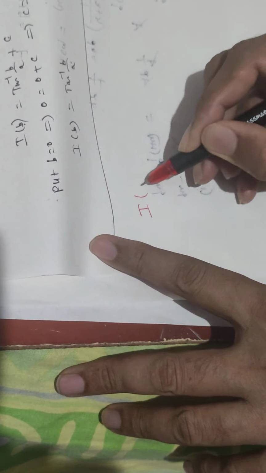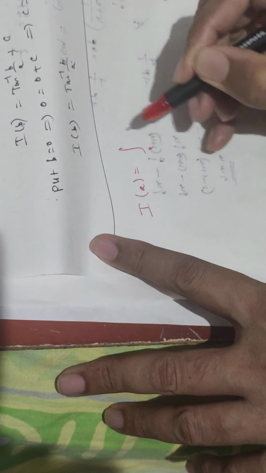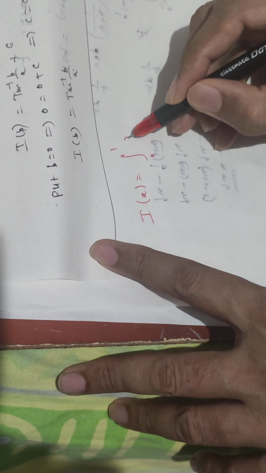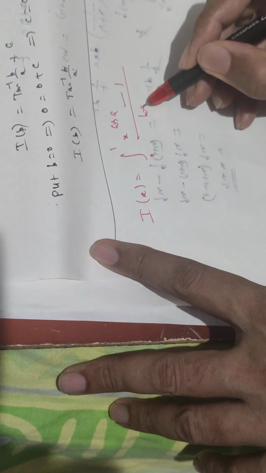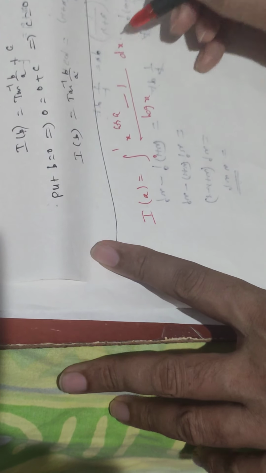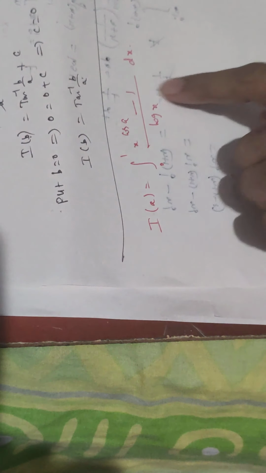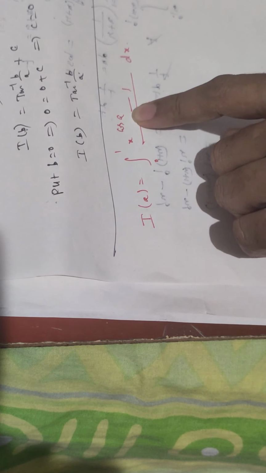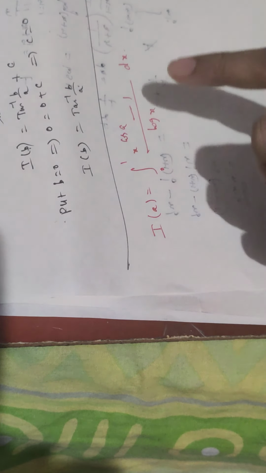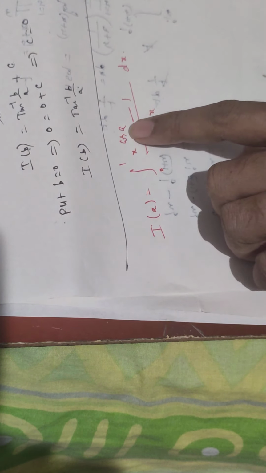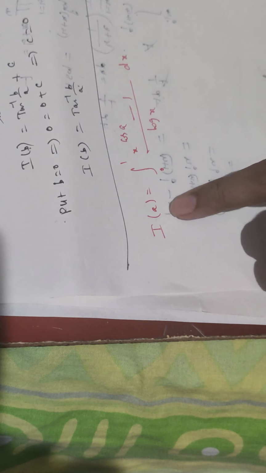I of a is equal to integral 0 to 1 x power a minus 1 by log x dx. Same concept. So here a is some constant. What is the idea? The output must be in terms of a. That's why I of a.